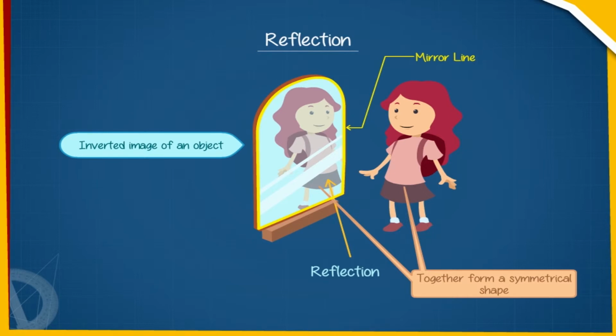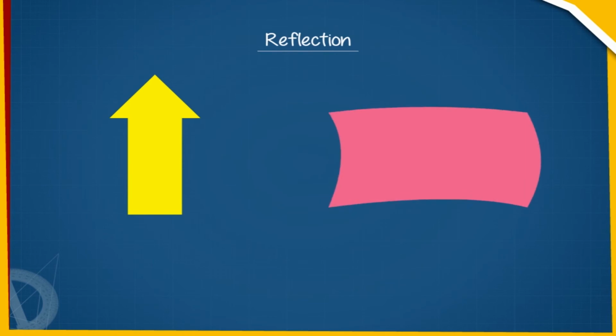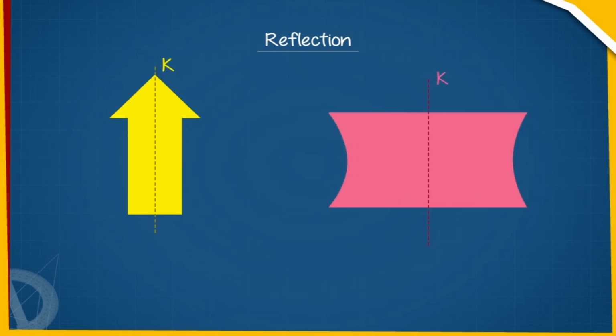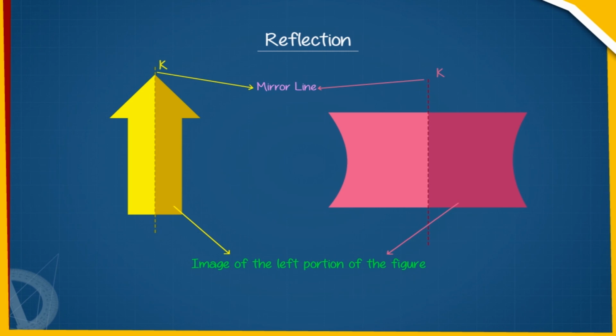The reflected image does not have any change in the shape or size. Observe these figures. Here, K is the mirror line, and the portion of the figure on the right side of the line is the image of the left portion of the figure.